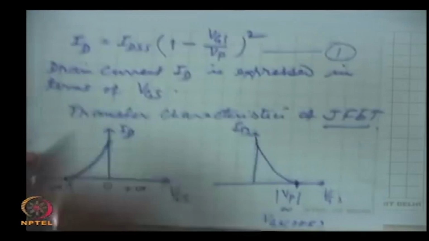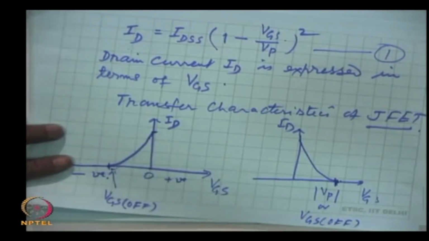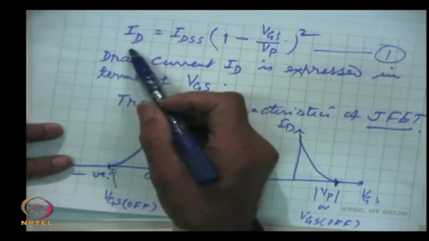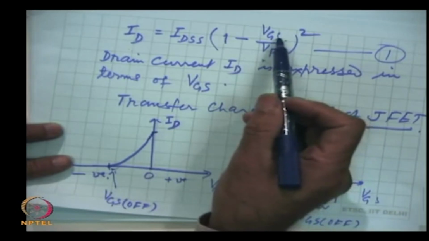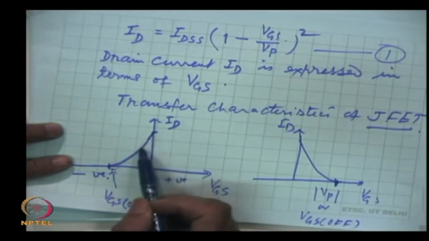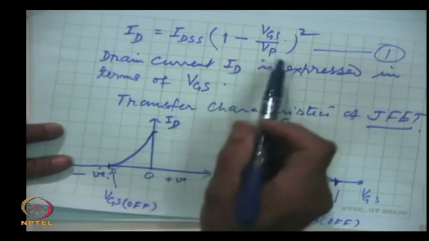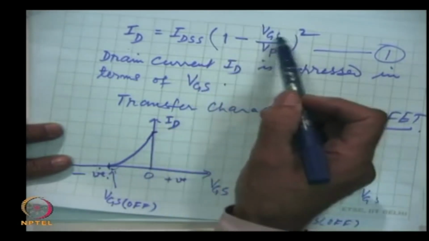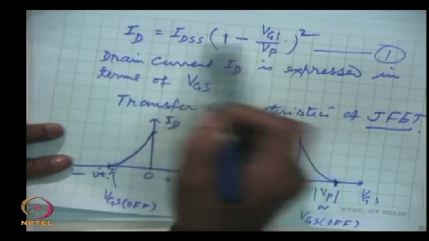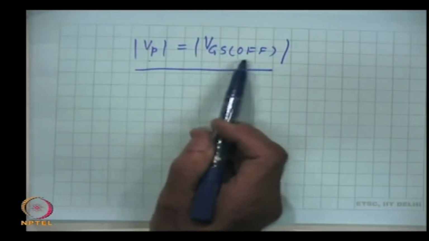Following from this curve we get this plot, and if we plot changes in ID as a function of changes in the gate source voltage, then this is parabolic behavior, which is expressed by this equation. We also see here that VGS off makes ID 0, and that gives right from this equation Vp equal to VGS off.